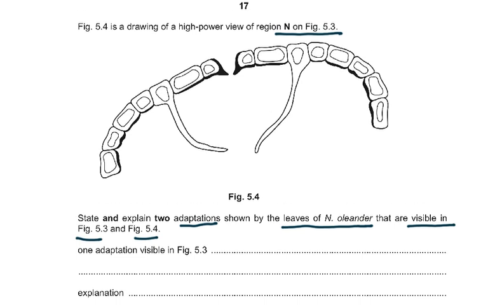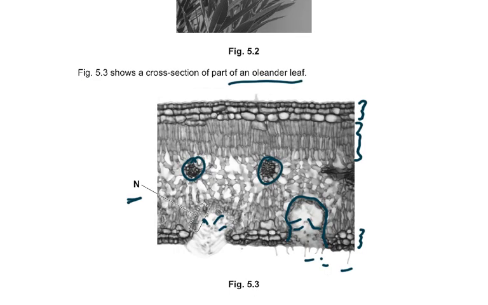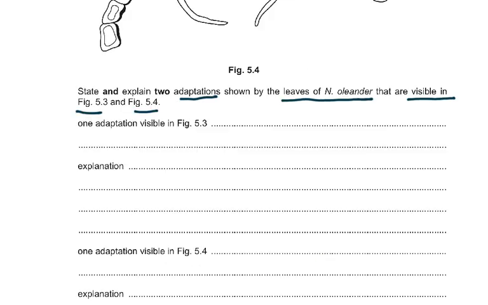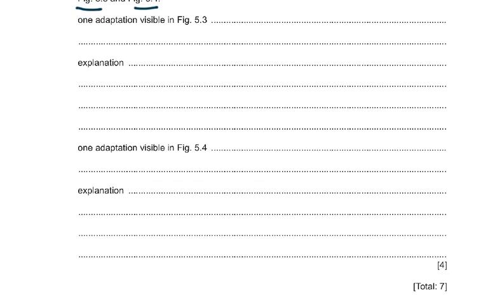So one adaptation visible in 5.3 with explanation, one adaptation visible in 5.4 with explanation. So 5.3 is this one, and 5.4 is this one. Be very careful when you're reading the question. This is going to get you 4 marks, and it's a total of 7 marks.